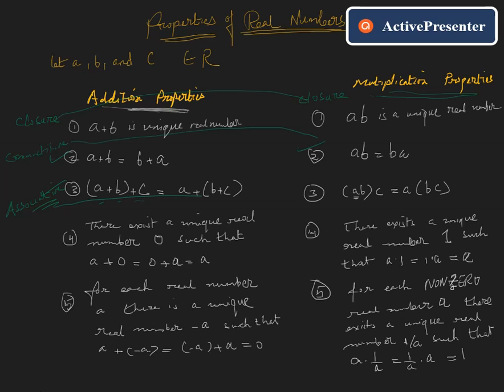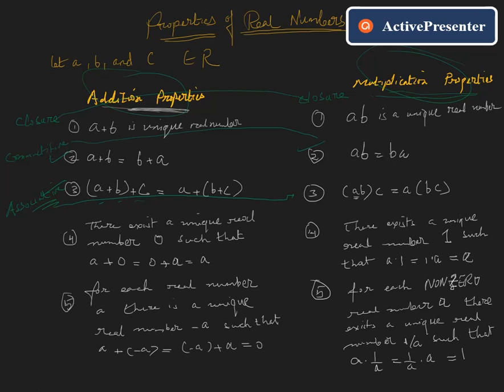It is also here the associative property. If A and B are real numbers and C also is a real number, (A multiplied by B) multiplied by C equals A multiplied by (B multiplied by C). This is known as the associative property for both the addition and the multiplication.